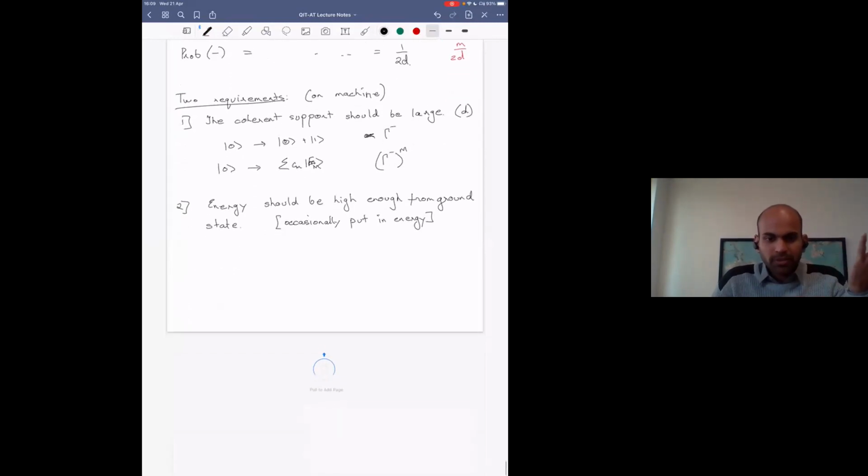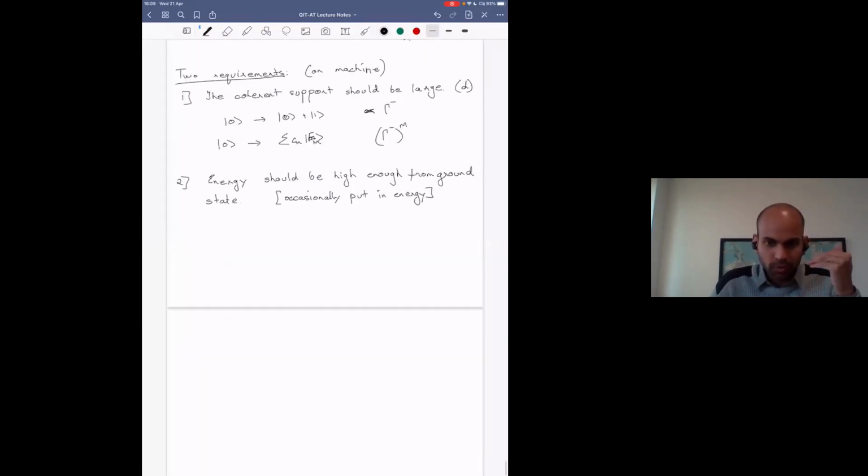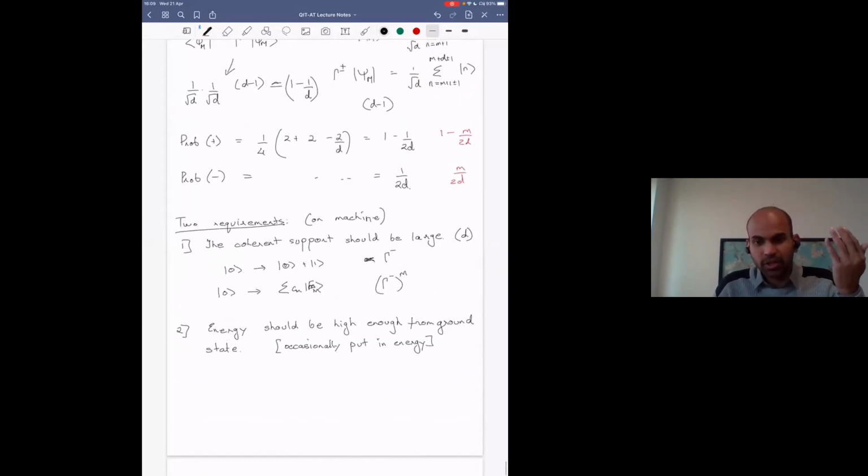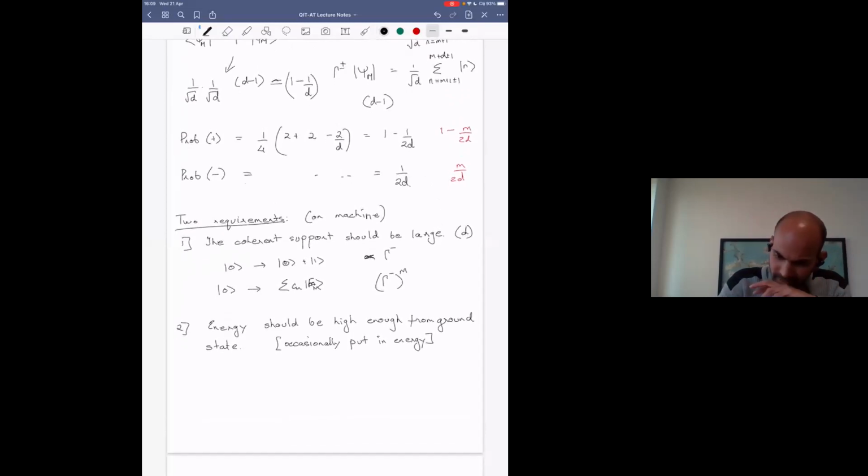But these are the two requirements you need when you want to do any energy non-preserving unitary on the system. And this is something that was discussed as catalytic coherence, in the sense that you can have this system which ends up doing the unitary that you want and still remaining quite preserved and close to its original state.